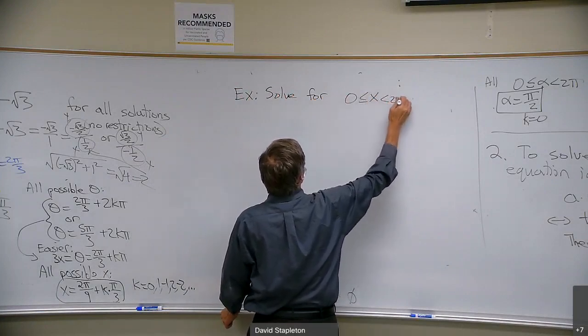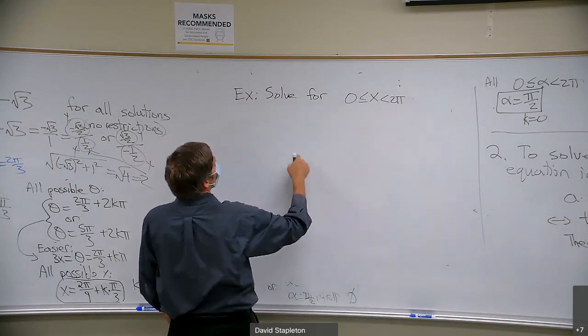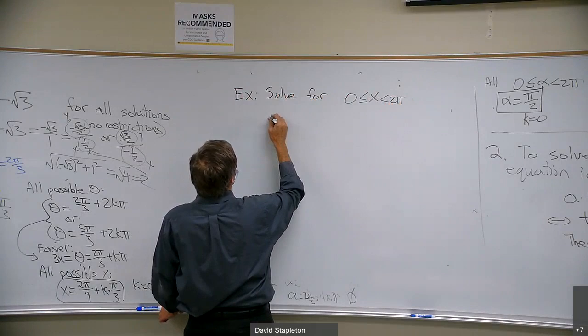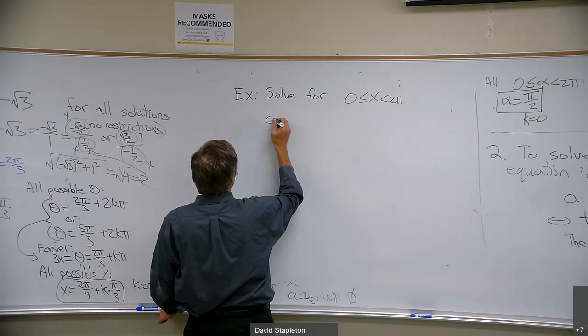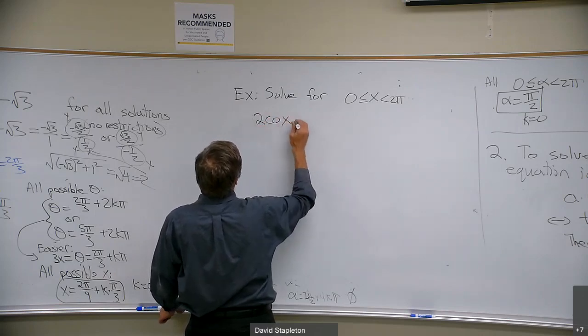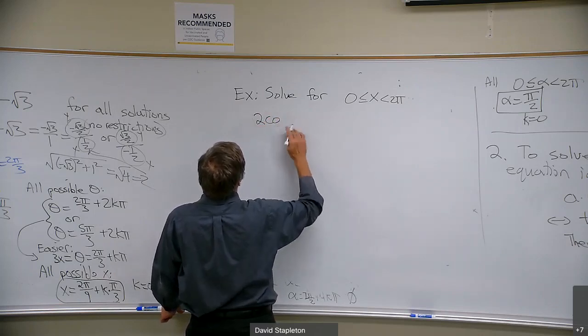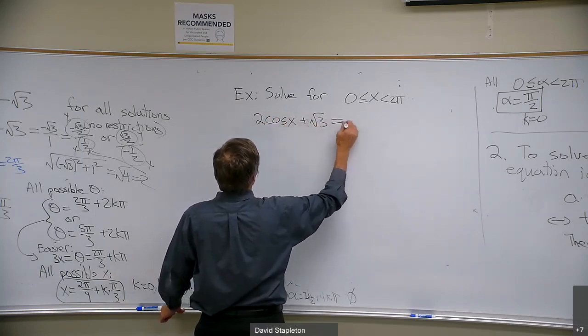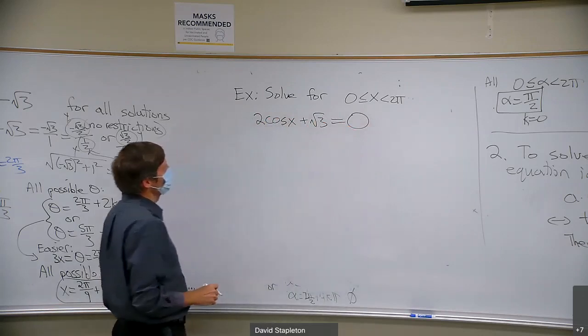Again, we'll make this restriction. 2 cosine x plus square root 3 equals 0. Suppose you have that equation.